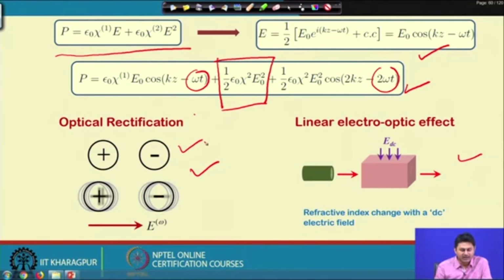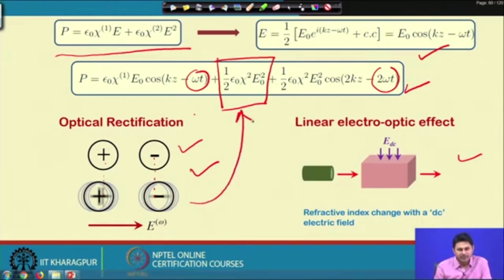Now if we introduce a frequency component, both charges start vibrating, and there is an effective displacement from this position. If I draw a line in both cases, you will find an effective displacement of both charges. This effective displacement is due to this DC term.